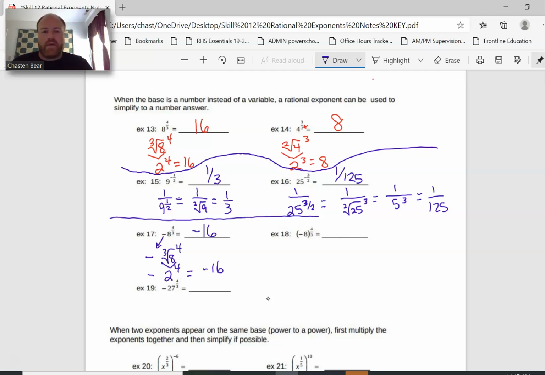The next one, however, we actually are taking that negative 8 and we're doing the cube root. Cube root of negative 8 is negative 2. But now I'm taking that negative 2 and raising it to the 4th power, so that makes positive 16.